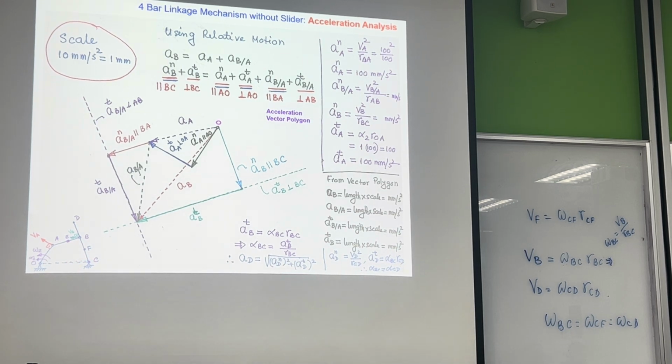In relation to C, so its center is not any other direction except C. So it will be directed from B to C. That's why I wrote here parallel to B to C, or in short, BC. Do not write CB. It will be a disaster. Because if you do not write it correctly, I can tell you for sure, when you are in exam condition, under pressure with a short time, there is a big possibility you will make a mistake.